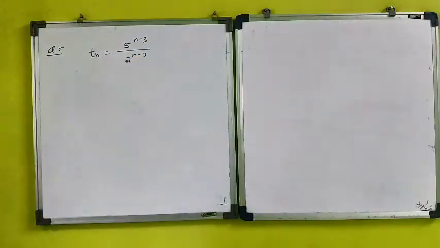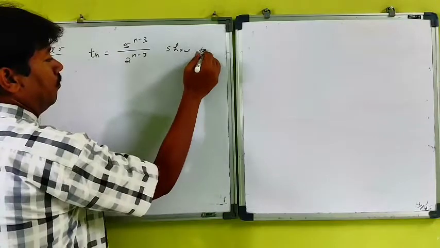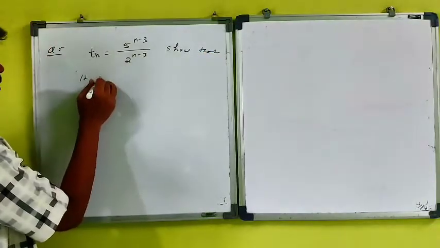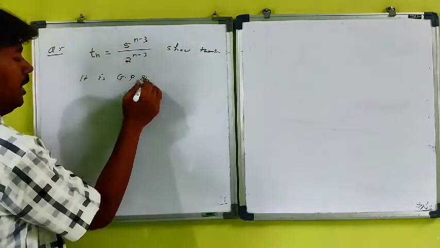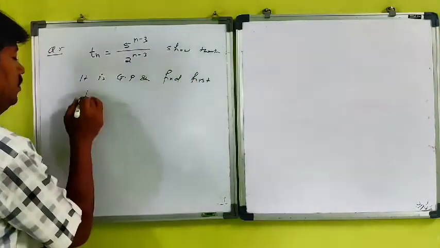This is Tn given. Show that it is a GP and find the first term and the common ratio.